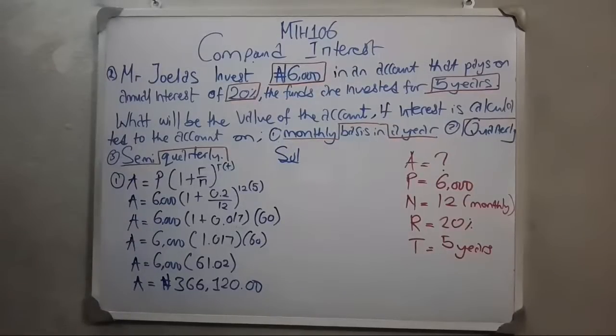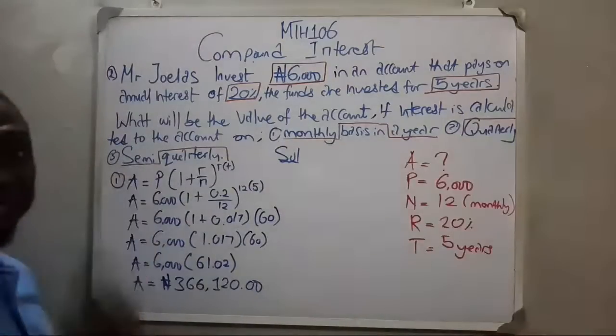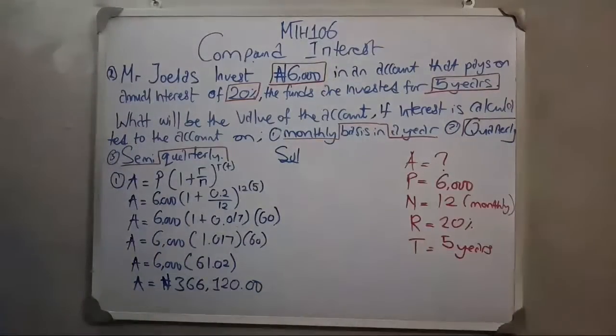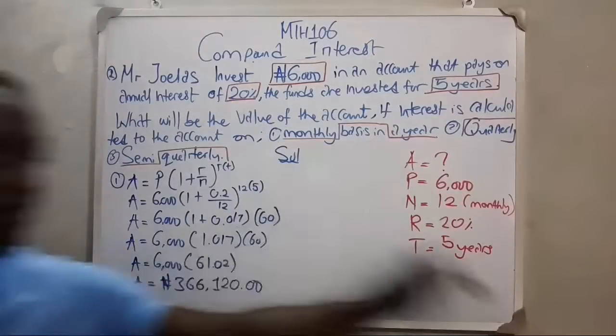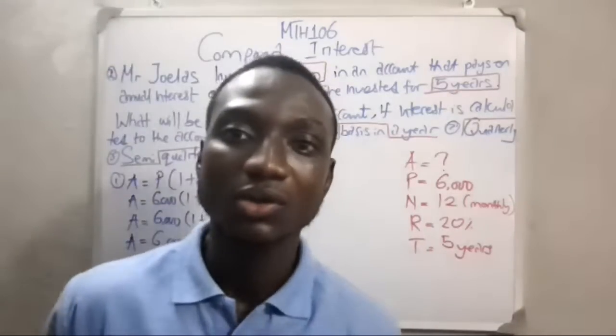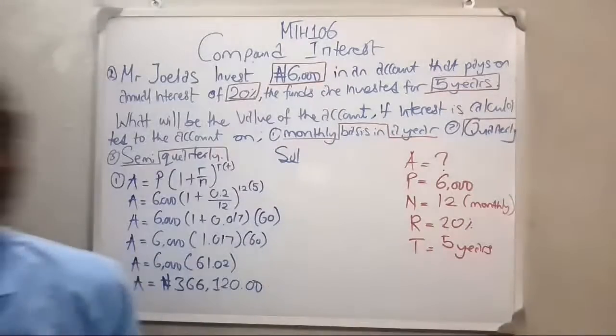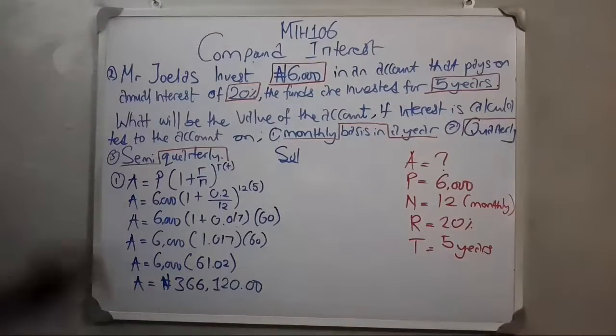Question 1 is solved. Now, class, you are expected to solve question 2 and question 3. I'm not going to erase this because I'm going to need it. Mr. Dylan said I should start from the formula explanation, so this is the formula.